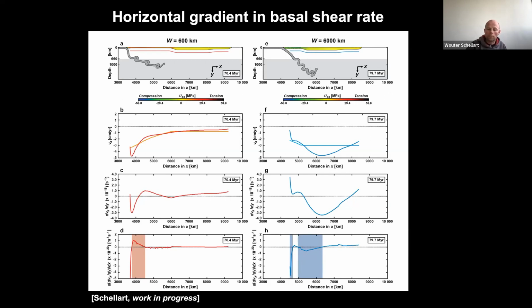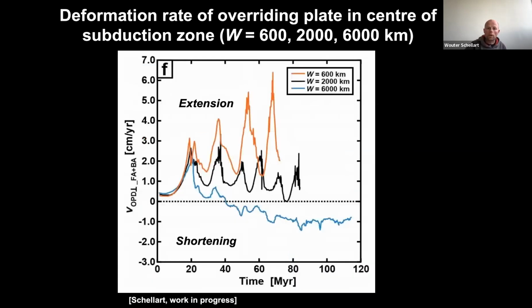Okay, so it's basically mostly the result of differences in mantle flow that causes the difference in overriding plate deformation style. Okay, this plot then simply shows the evolution of overriding plate deformation rate. Again, here we have the time on the horizontal axis from the start of the model at 0 towards the end of the model at 120 million years.